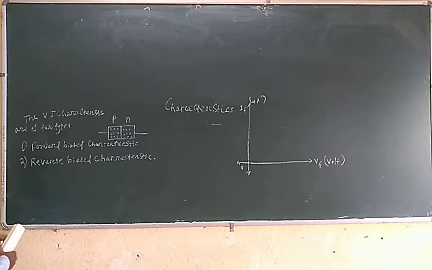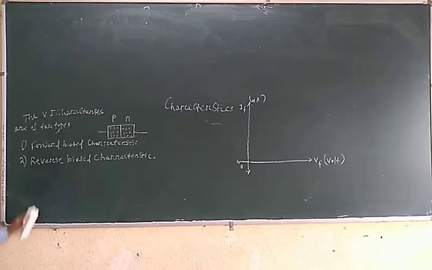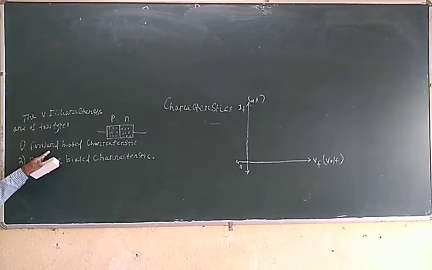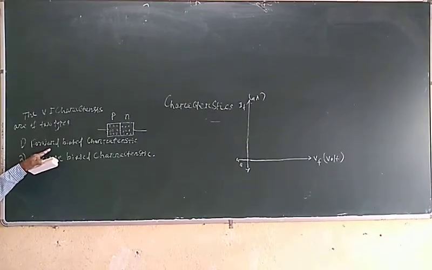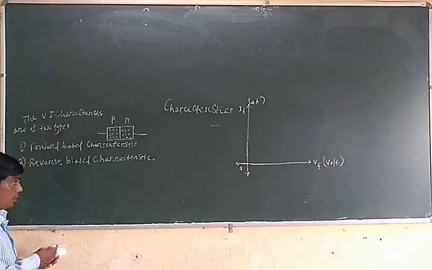So these two types of characteristics, we study one by one. Now first we discuss the forward biased characteristics, then after we discuss reverse biased characteristics. In forward biased characteristics, we apply forward voltage to the PN junction.